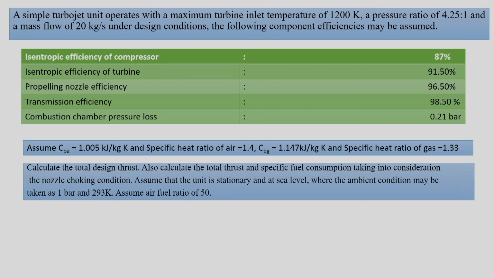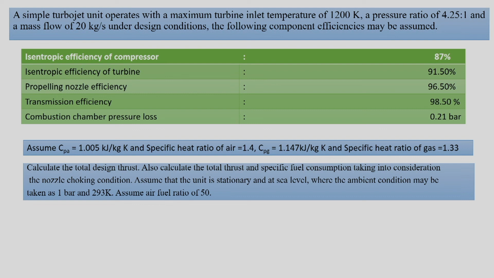Assume specific heat of air as 1.005 kilojoule per kg Kelvin, specific heat ratio of air as 1.4, specific heat of gas as 1.47 kilojoule per kg Kelvin and specific heat ratio for the gas as 1.33. Calculate the total design thrust.